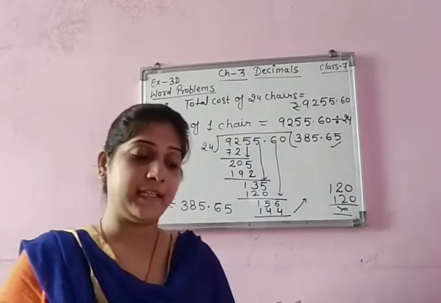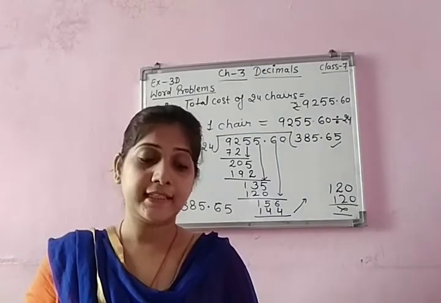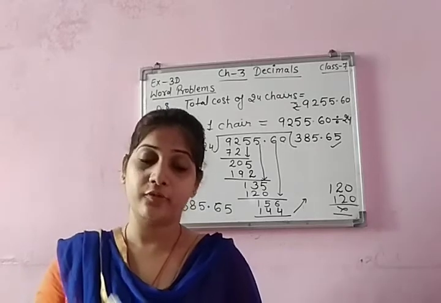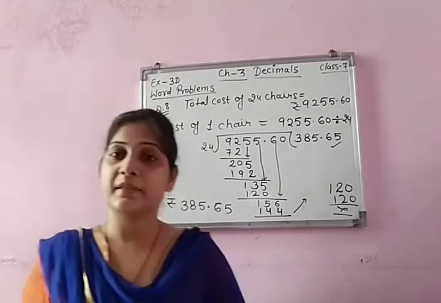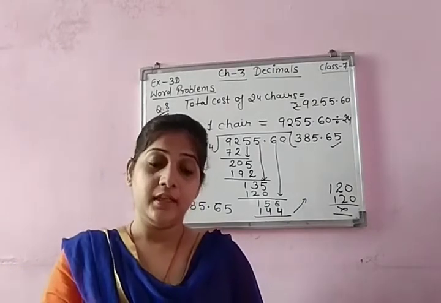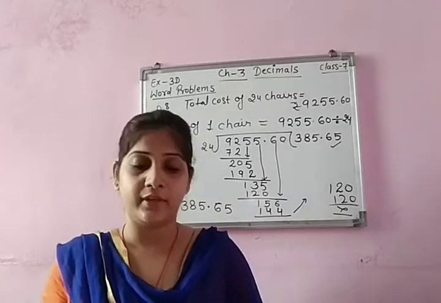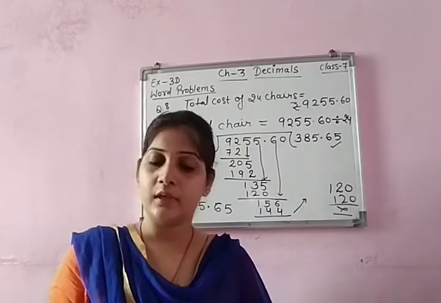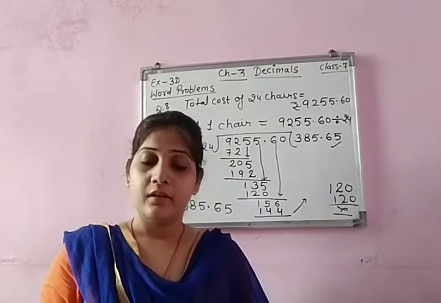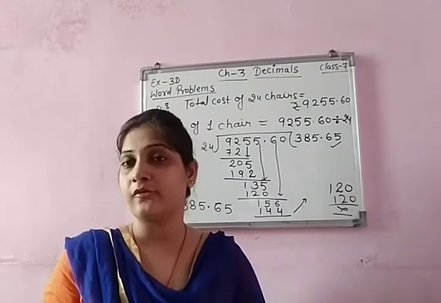So question number 11 is saying a tin holds 16.5 liters of oil. This is the capacity of oil which is held by one tin. How many such tins, it means the number of tins we have to tell, will be required to hold 478.5 liter of oil.